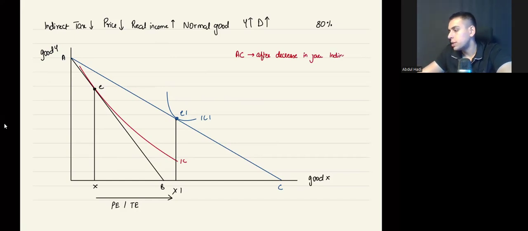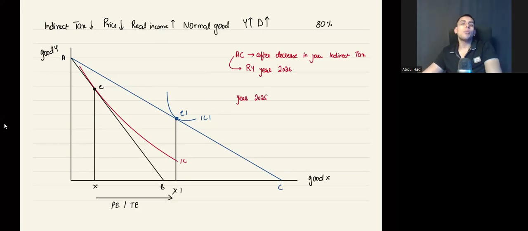This is after a decrease in your indirect tax, which means that, let's say, this is the real income of year 2026. But currently, you are in year 2025. Now, Devansh, tell me one thing. If my indirect tax is falling and my income level will rise next year, 2026, what is my income level in the current year?